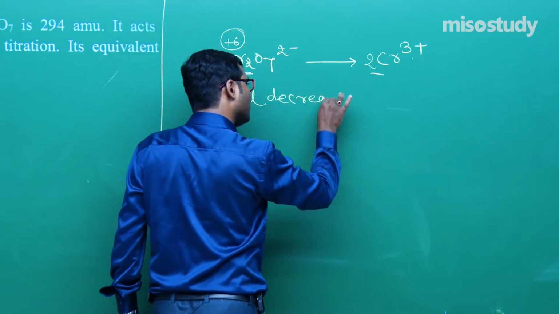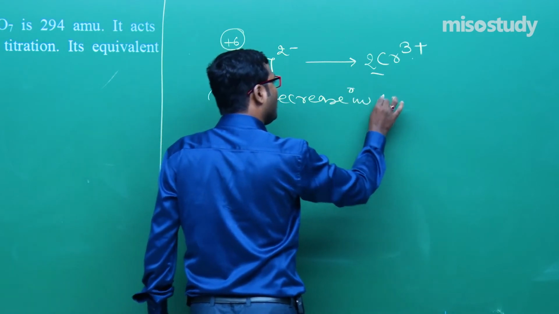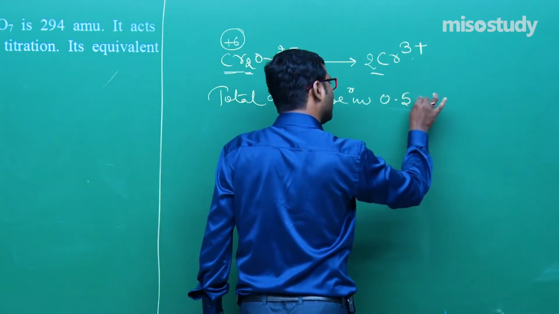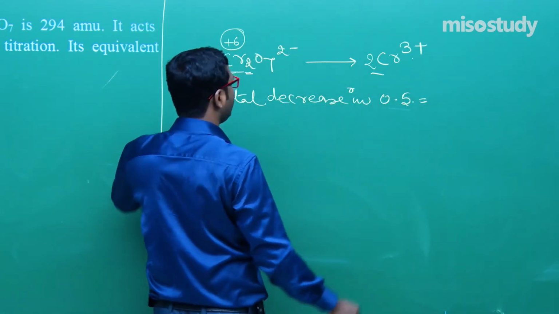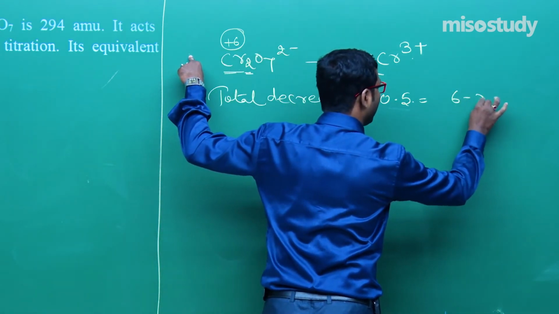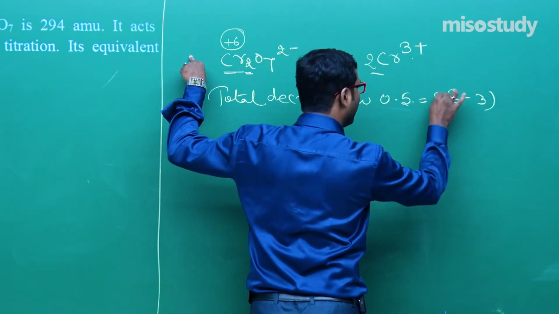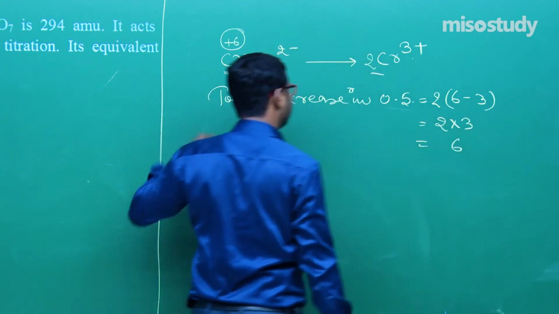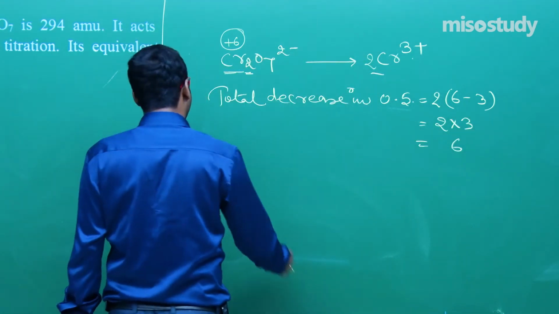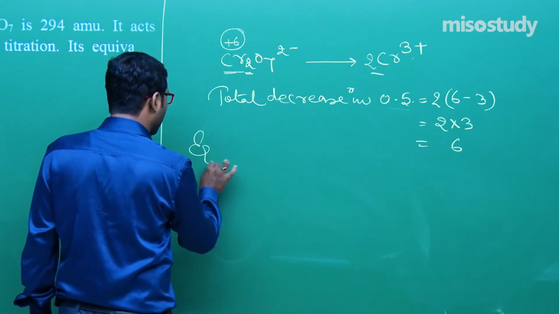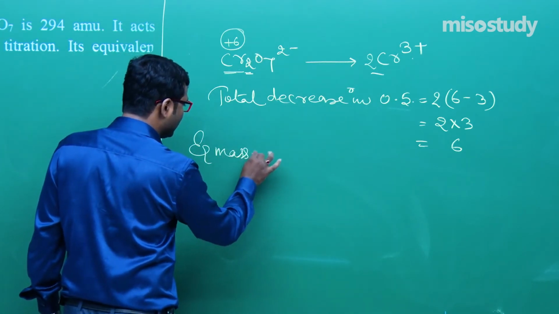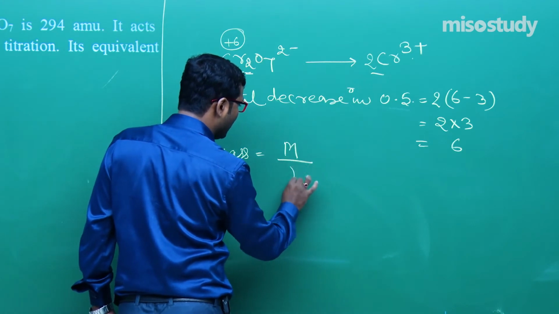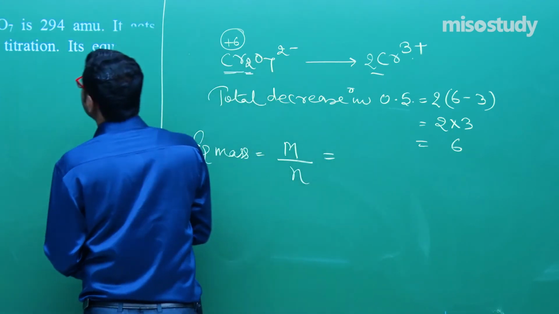So total decrease in oxidation state. What is the total decrement in oxidation state? +6 minus 3, multiplied by 2, that is 2 into 3, that is 6. Clear to you? Now, what will be the formula? Equivalent mass is equal to molar mass upon n. What is the molar mass?